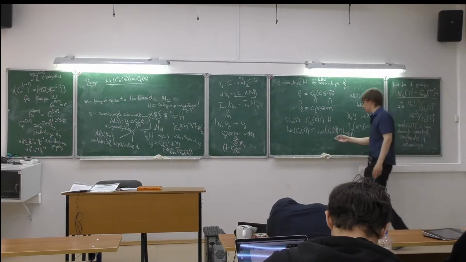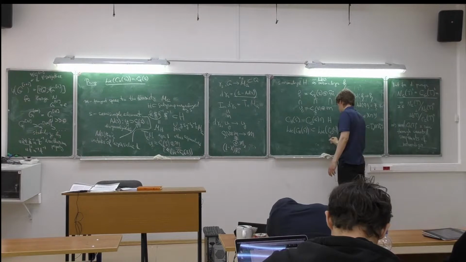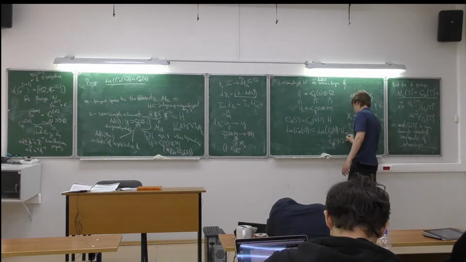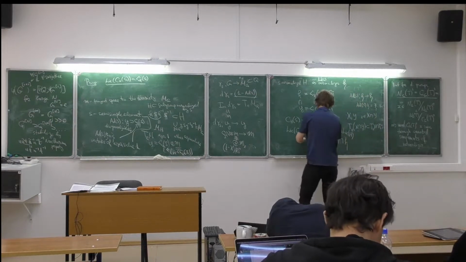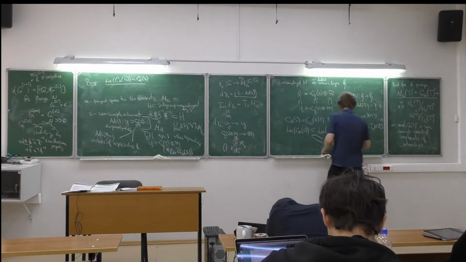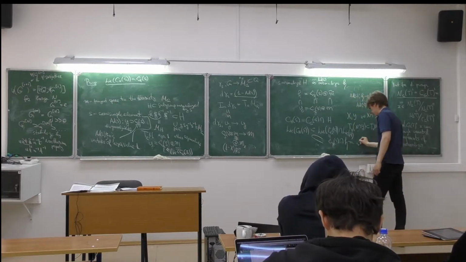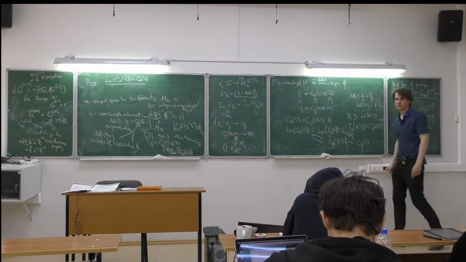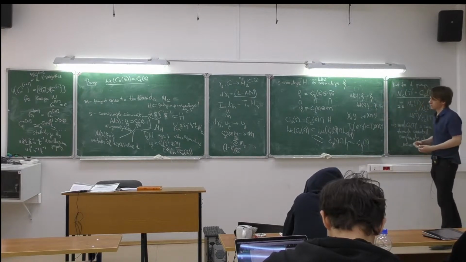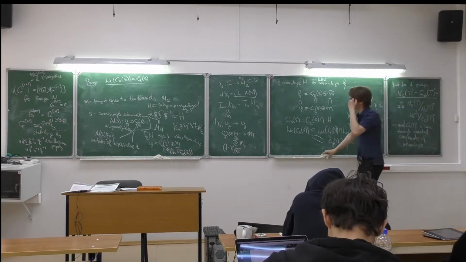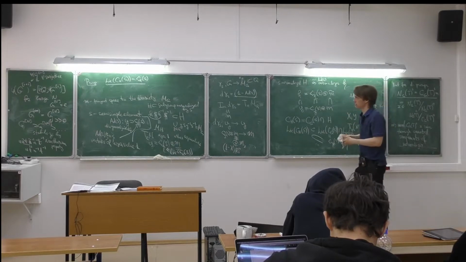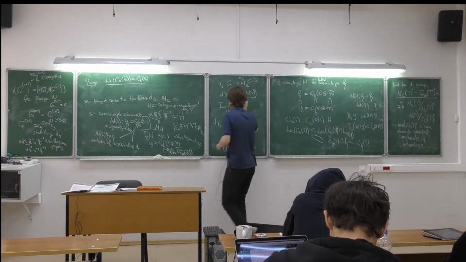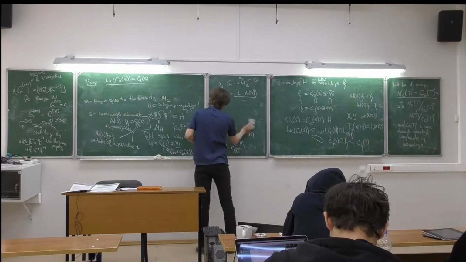And you know that this is just C_G of S. So you know that at least this Lie algebra sits inside this, which I denote by C_H. And then I want to get the opposite claim by dimension reasons.